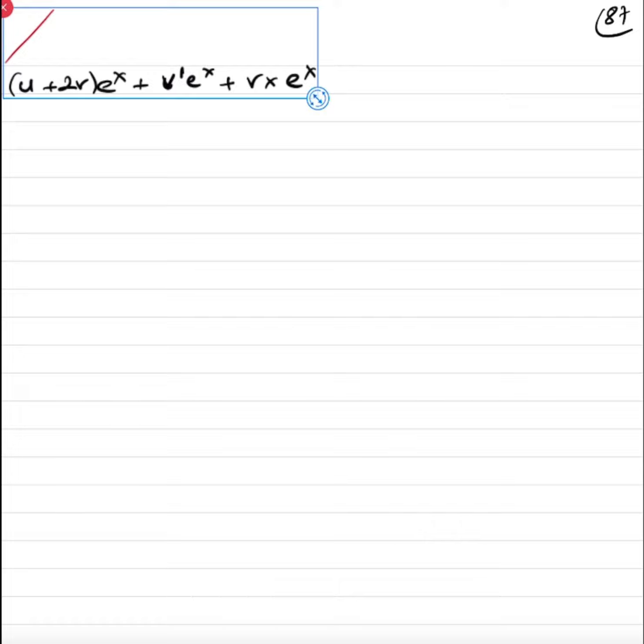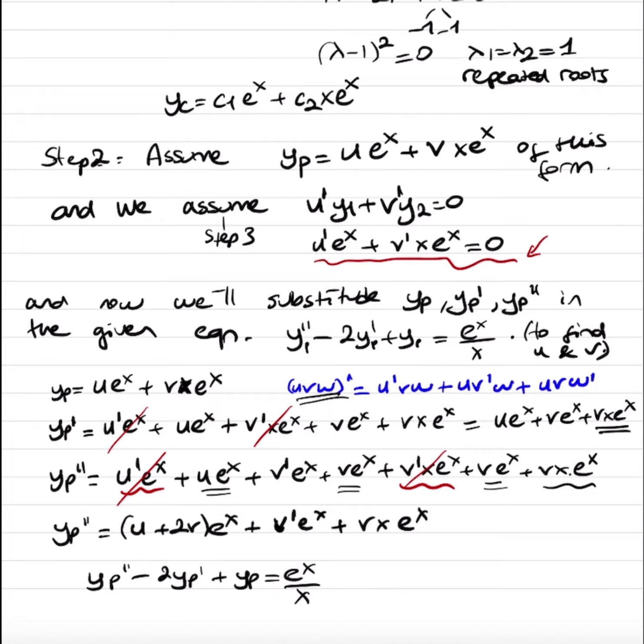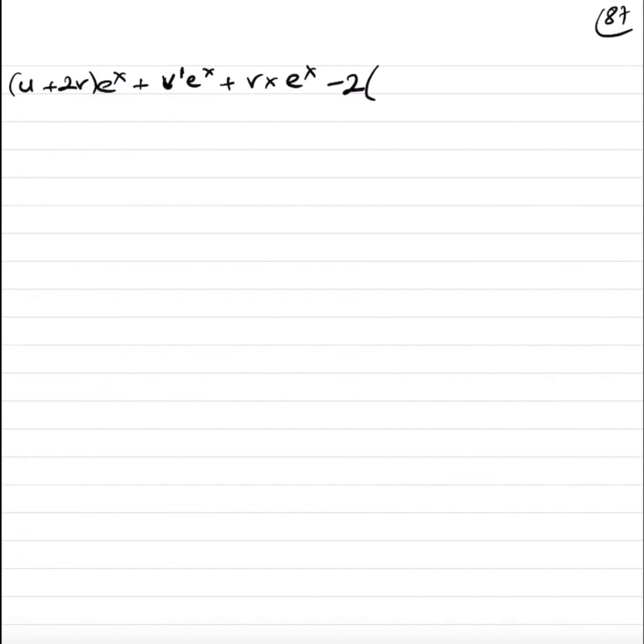So this was yp double prime, and then we have minus 2 yp prime plus yp.